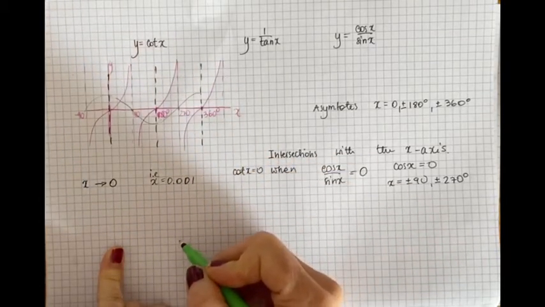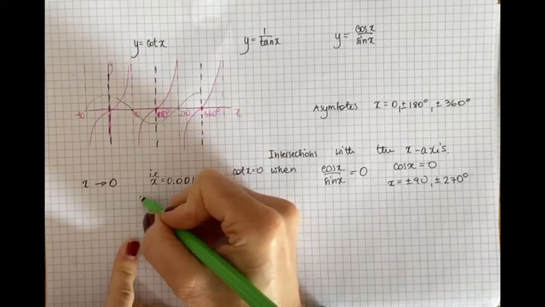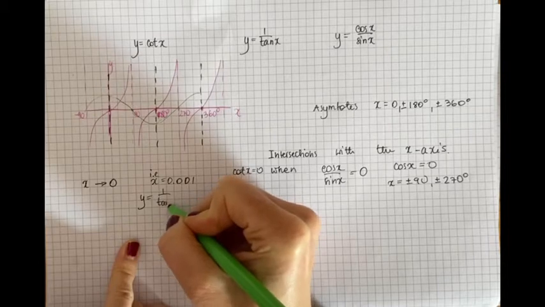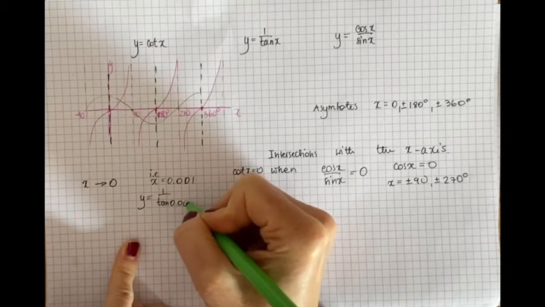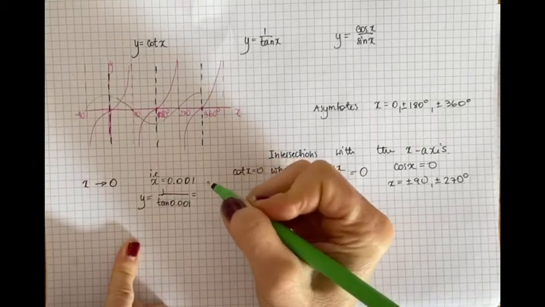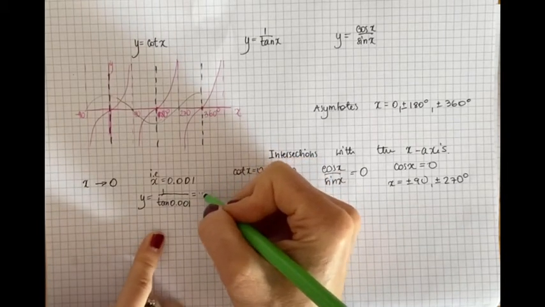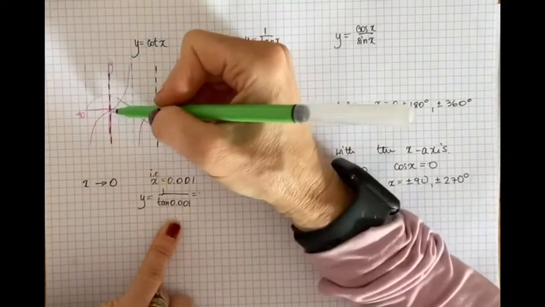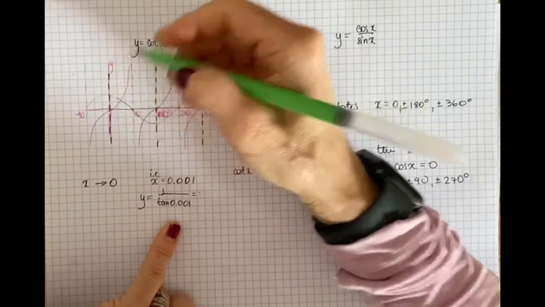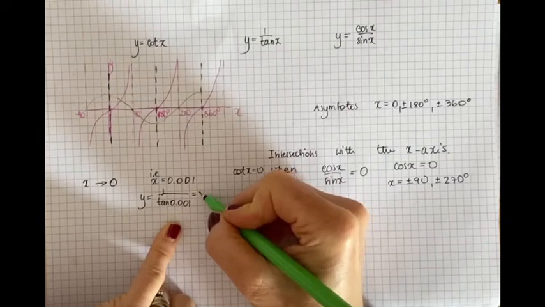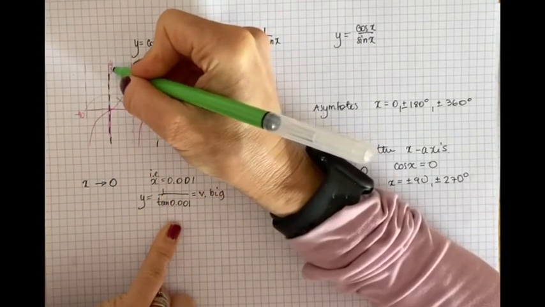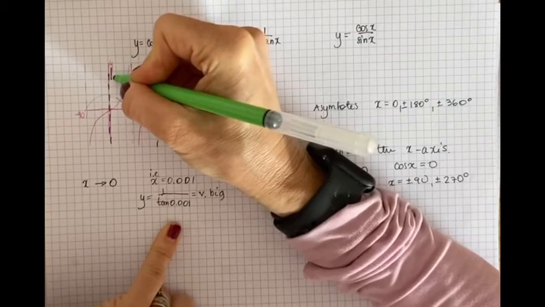Y is going to be equal to 1 over tan of that value that's really, really close to 0. You should see that you are dividing by something really, really tiny, so this is going to be something very, very big. So your asymptote will be over here.